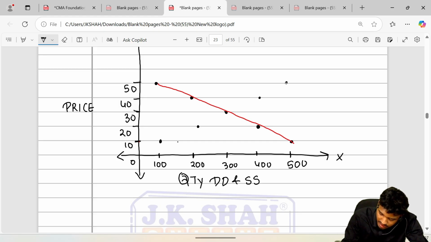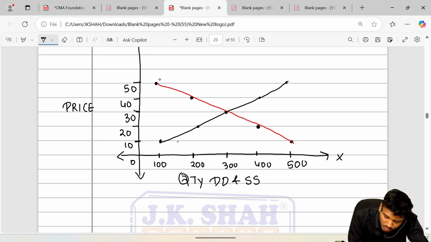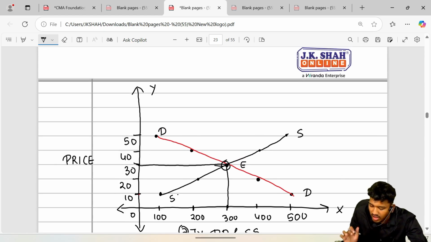And 500. That way. So it is going to function this way. Downward sloping is the demand curve and upward sloping is the supply curve. And this is the equilibrium price. Hence, this is the way the price is determined under perfect competition.